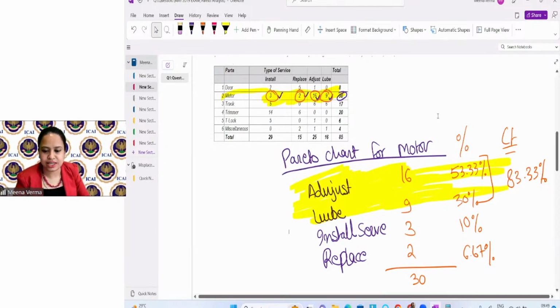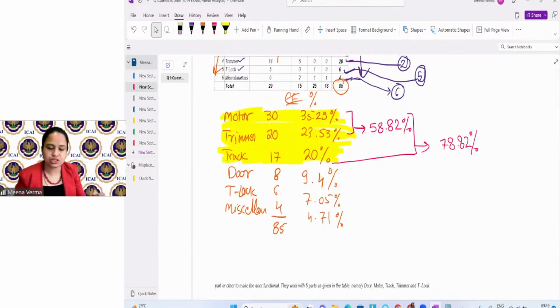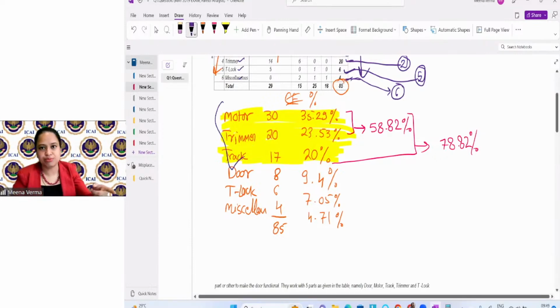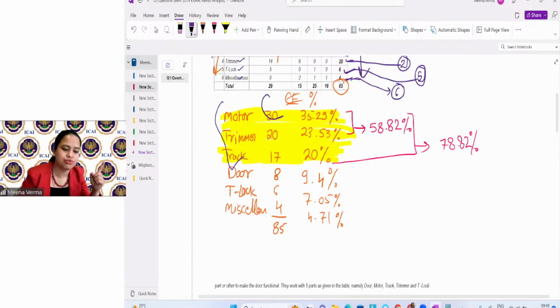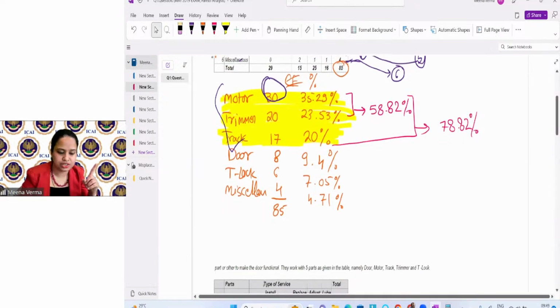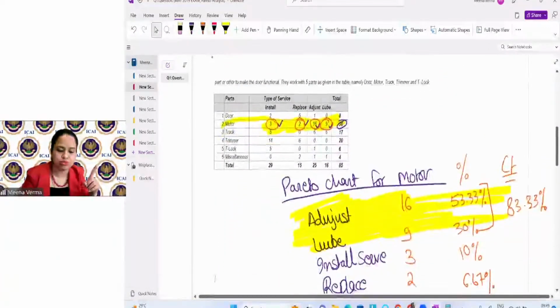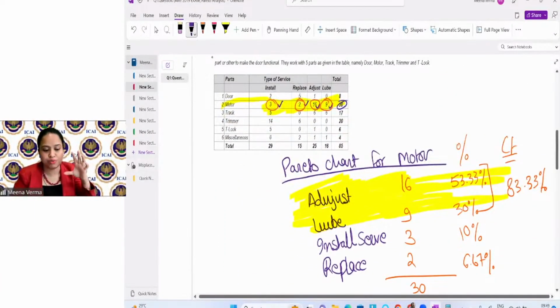And in case of parts, the company should focus more on the motors, the trimmer, and the track. Out of these three, the most important system is motor. And even in case of motor, the most focus should be on motor adjustment and motor lubricant.